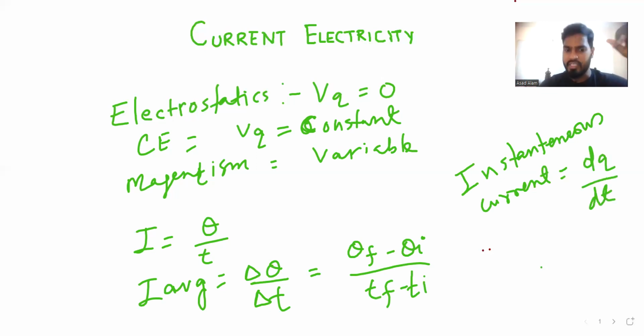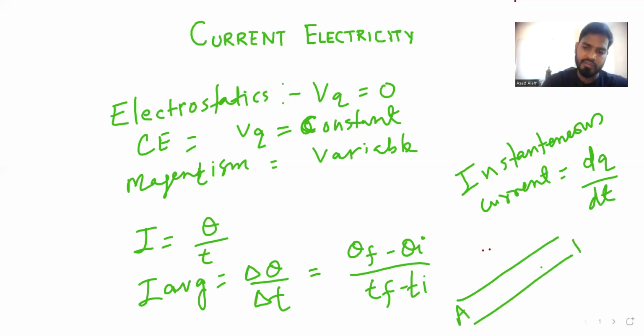Suppose current is flowing from A to B. Over the whole stretch from A to B, we say average current. But if you are finding it at a particular point, then we say it is instantaneous current. Understood? So we understood what is instantaneous current and what is average current.